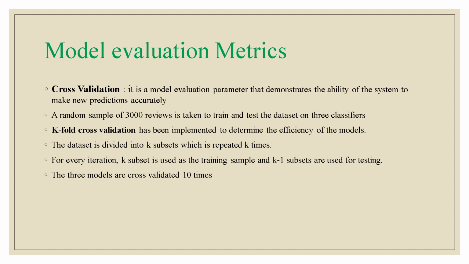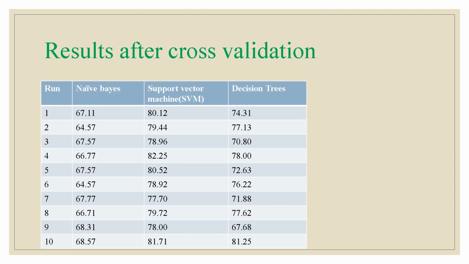The dataset will be divided into K subsets, which is repeated K times, and for each iteration one subset will be used as the testing sample and K-1 as the training sample, and the three models will be cross-validated 10 times to get the results and to get the accurate one. And those are the results after the three models have been cross-validated.